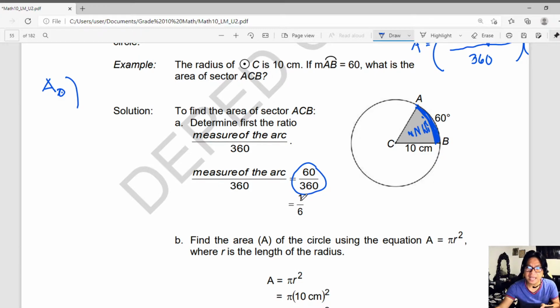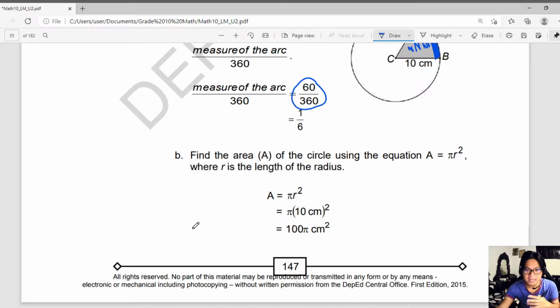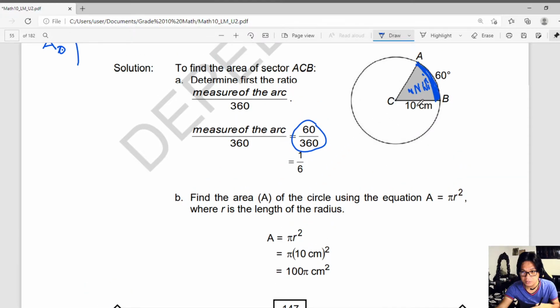And after na-identify yung ratio, the measure of the arc over 360, find the area of the circle using the equation. Ito yung area of the circle. So that is A is equal to pi r squared. So r refers to the radius. So hanapin yung radius dito. Yung radius natin is 10.